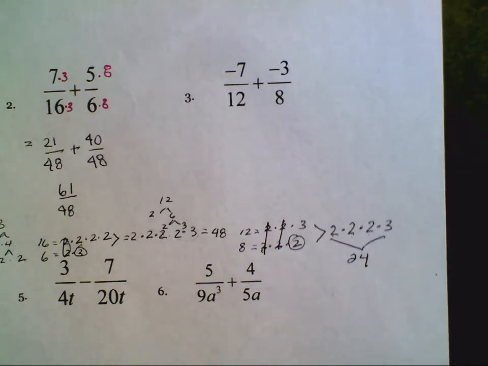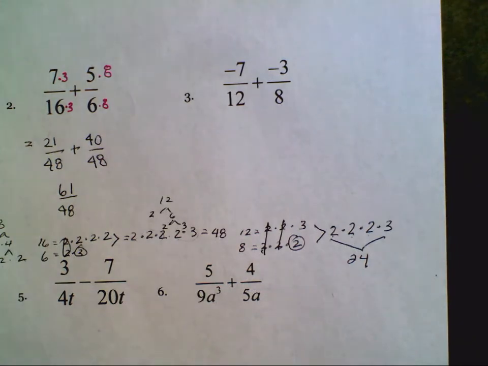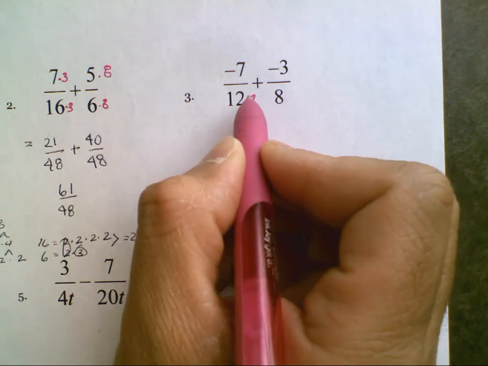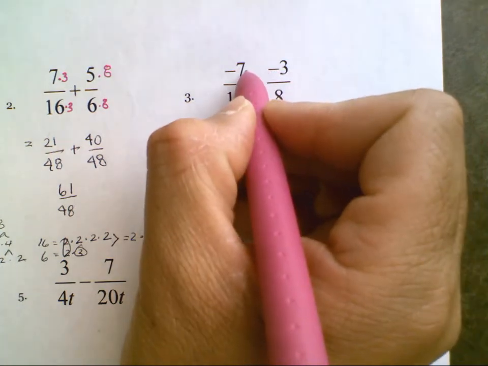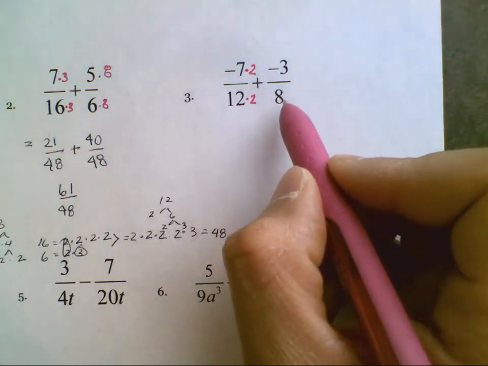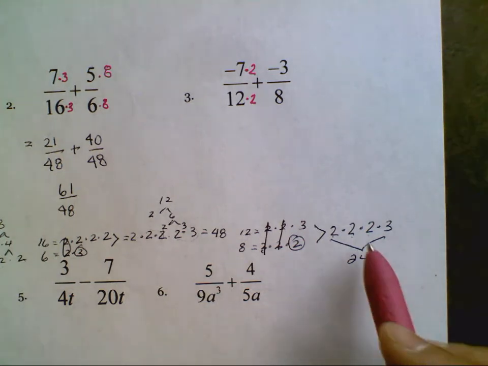So in this case, which number multiplied by 12 is going to give you 24? In this case is 2. So 12 times 2. If you multiply the denominator, you multiply the numerator times 2. Okay, let's do this next fraction. Which number multiplied by 8 will give you 24, which is your least common denominator?